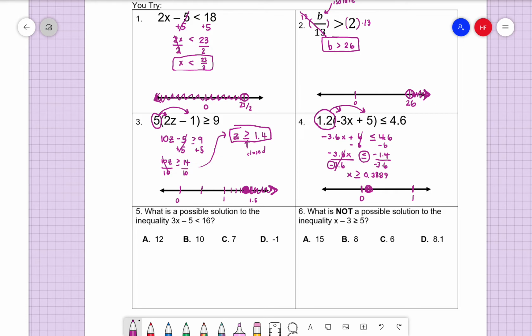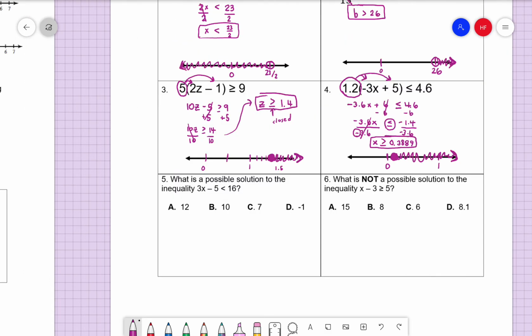I'm going to make a closed circle right on it, and it's greater than, so everything to the right of 0.3889, which is not exact, but I don't have a calculator, so 0.3889 will do.